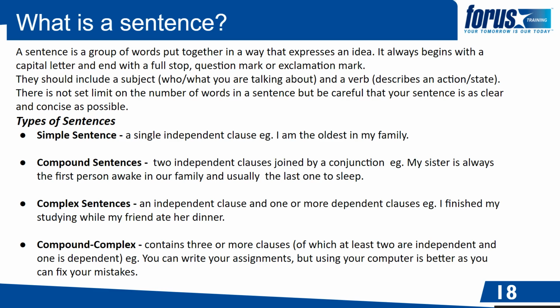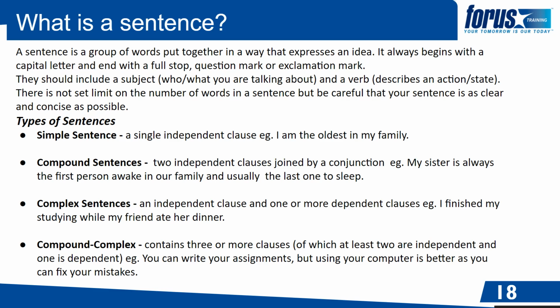So, types of sentence. Here we give some examples. Simple sentences, a single independent clause like I am the oldest in my family. Compound sentences, two independent clauses joined by a conjunction. My sister is always the first person to wake in our family and usually the last one to sleep.